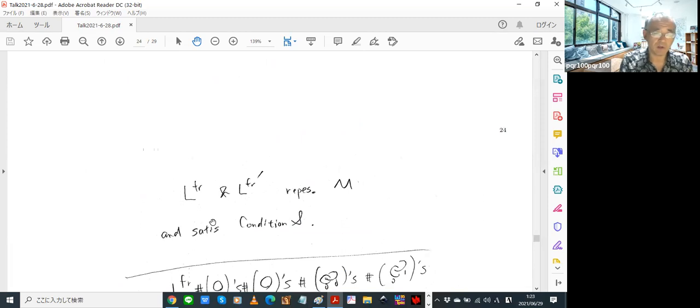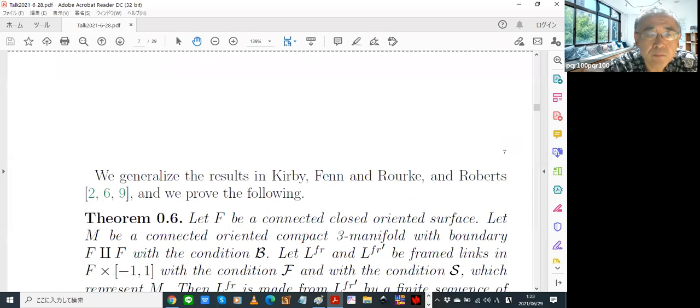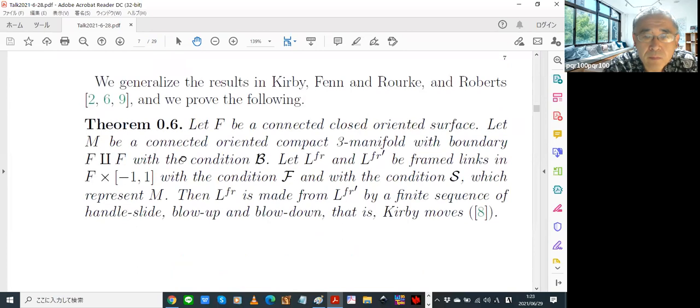This is an important step. Two framed links in the surface with condition S, simply connected, are Kirby move equivalent.